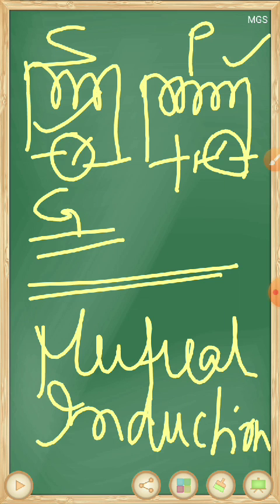That is, the phenomenon in which an opposing EMF is induced in a coil due to the changing current or the changing magnetic flux linked with its neighboring coil.